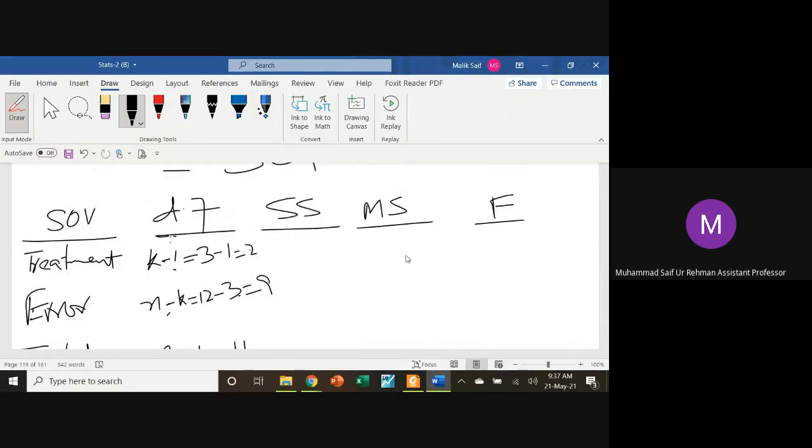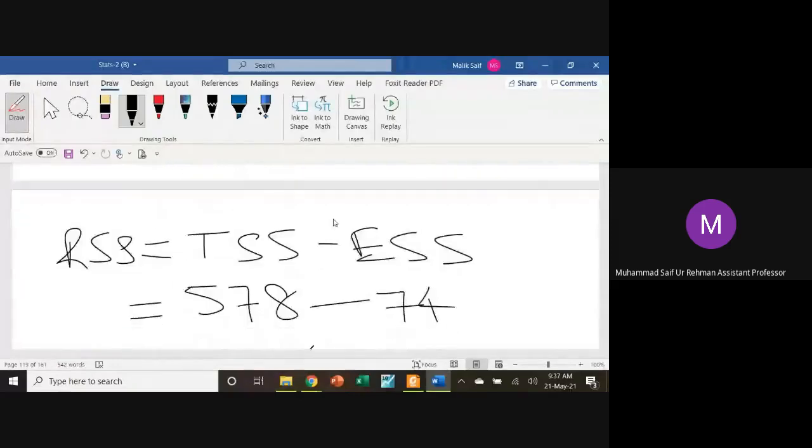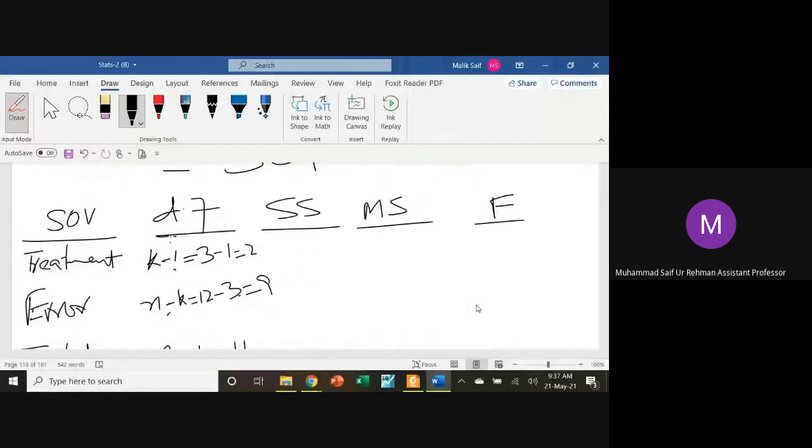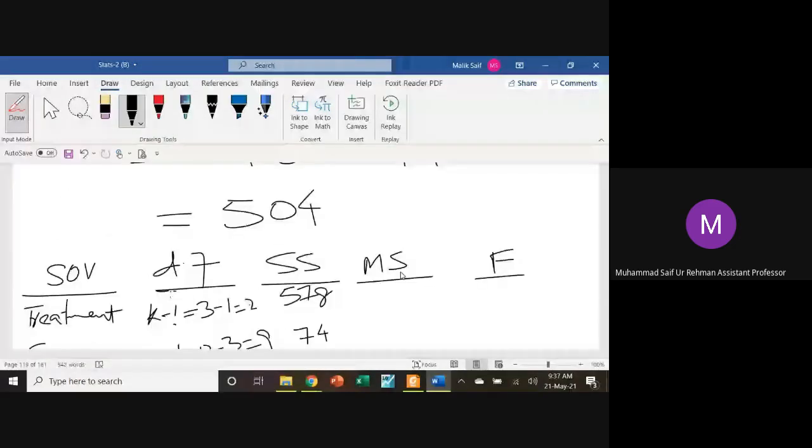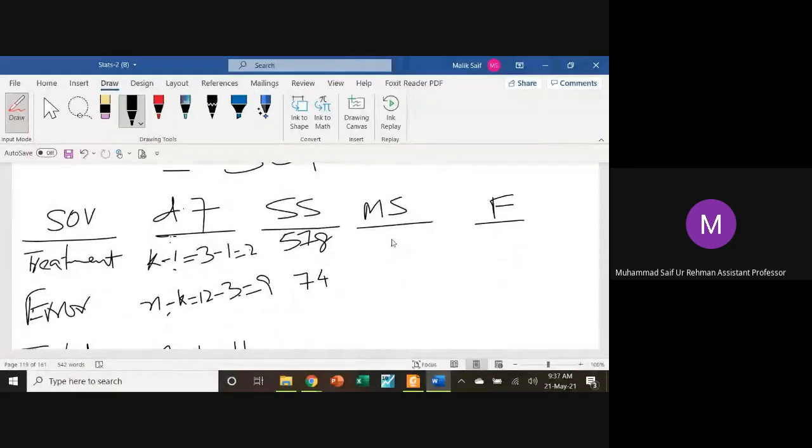Then there comes SS. In your book, it is written as SST. I am writing it as RSS. What is the value for this? I have found RSS is equal to 578, so that 578 will be written over here. Similarly, what is ESS? ESS was 74, I have calculated over here 74. And then what is MS?